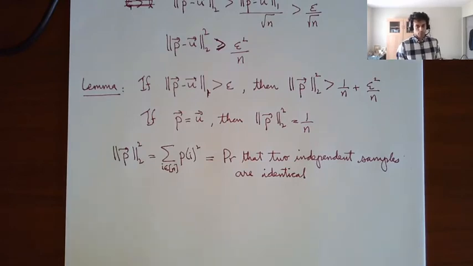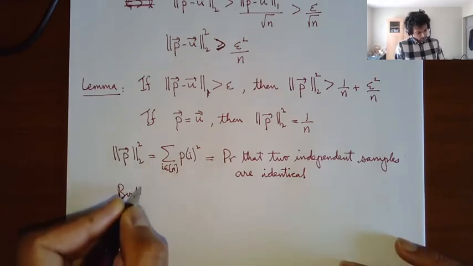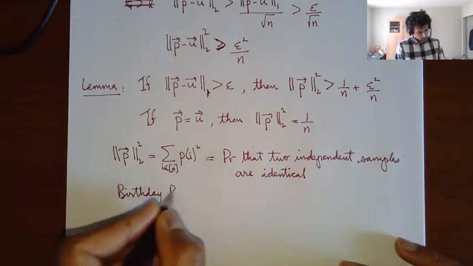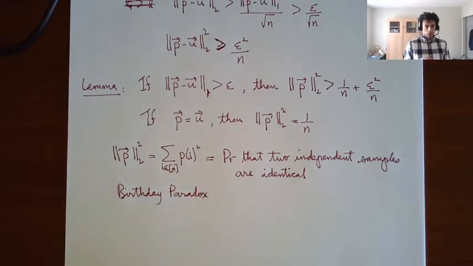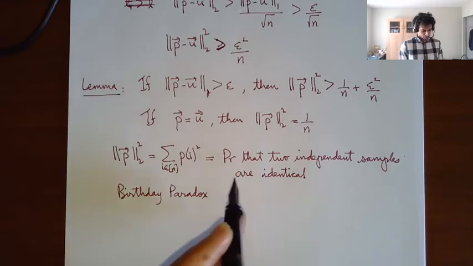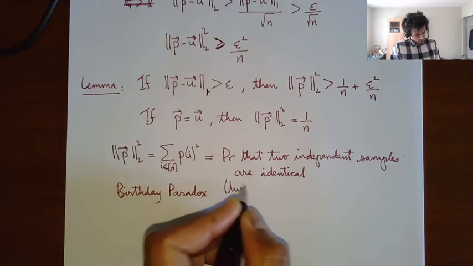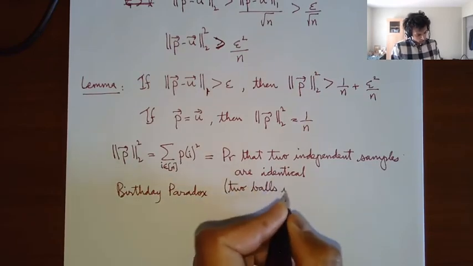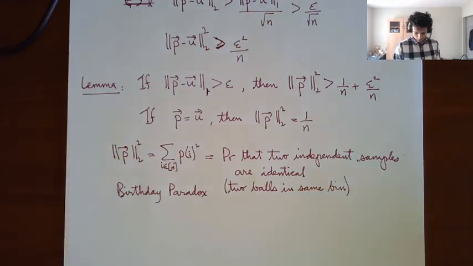And now we get the birthday paradox connection, which is really you're trying to analyze when you're throwing balls, what is the probability that 2 balls end up in the same bin? So this is the probability that 2 samples are identical, 2 balls in the same bin.